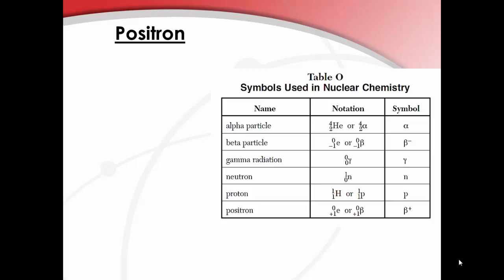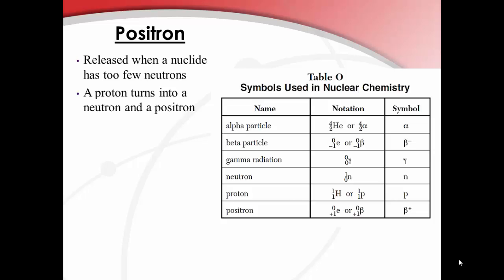The positron is the antiparticle of an electron. It has the same properties as an electron, with the exception of electric charge. The electron has a negative charge, while a positron has a positive charge.